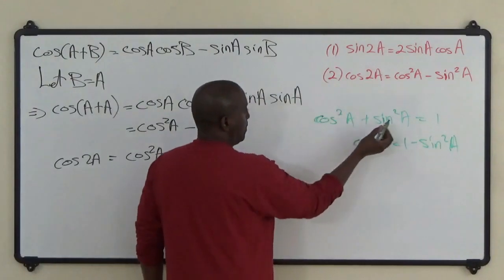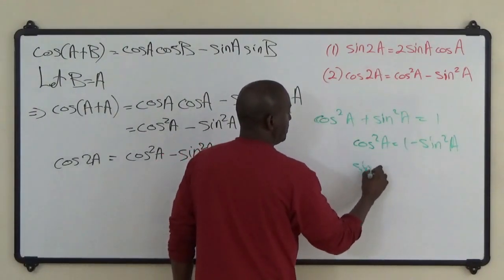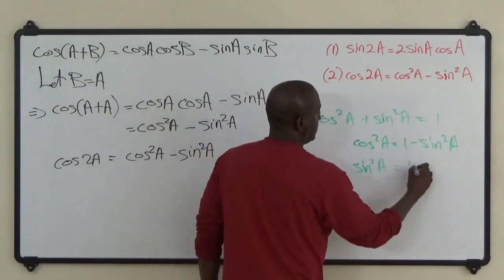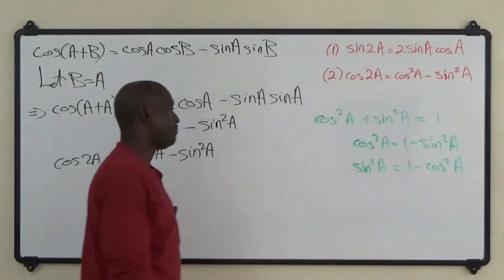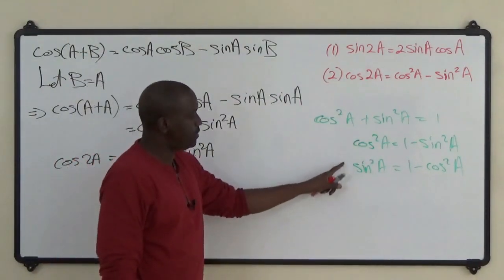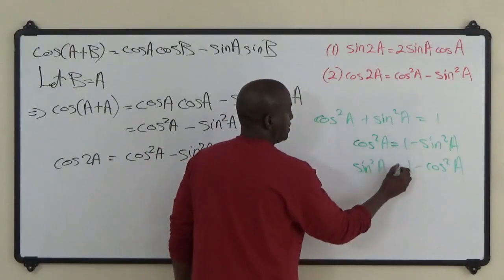And if we make sine squared a the subject of the formula, we can say also that sine squared a is equal to 1 minus cos squared a. All right? Now, these two you must have at the tips of your fingers.